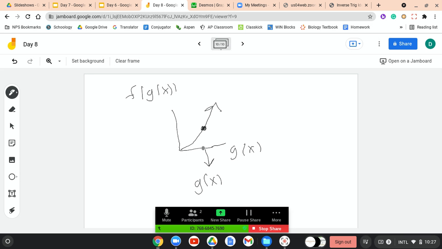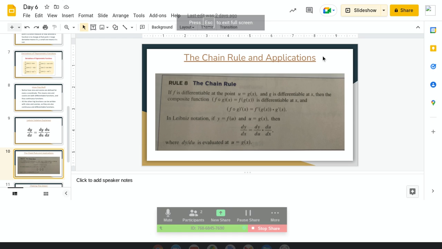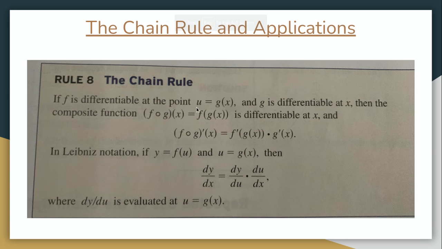Yeah, that makes total sense. Okay, cool. So when we go to the textbook and it says if f is differentiable at g of x, that's what it means. In order for the chain rule to work, f has to be differentiable at g of x, if we're trying to find the derivative of f of g of x.